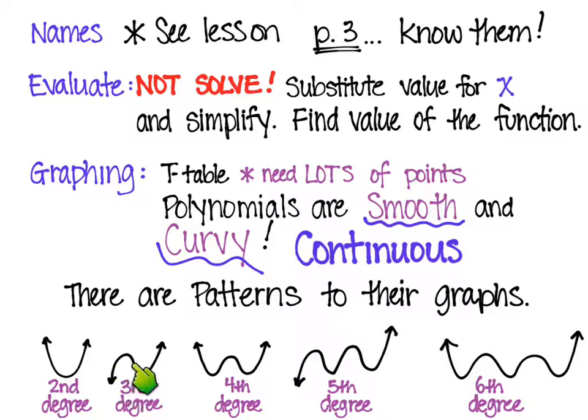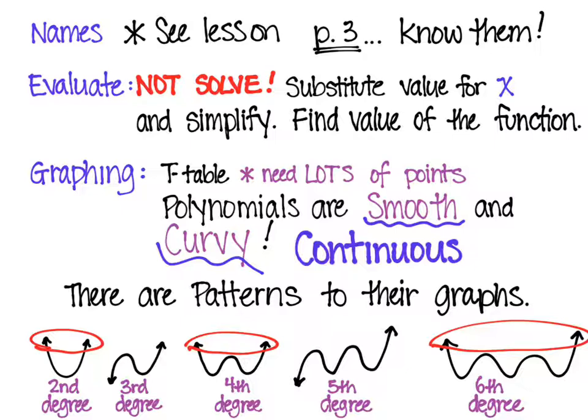A third degree has 2 turning places. A fourth degree has 3 turning places. A fifth degree, well, there's 1, 2, 3, 4 turning places. There seems to be always one less than the degree. Let's come up to the sixth: 1, 2, 3, 4, 5. It is one less than the degree. So the amount of turns that this takes to make the curviness is always one less than the degree.